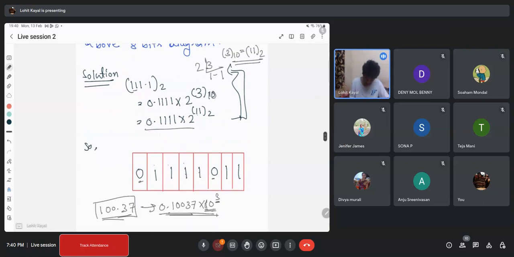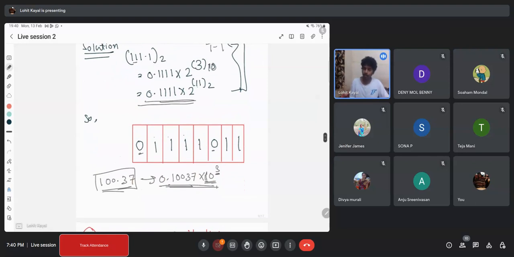So the complete binary form is 0.1111 into 2 to the power 11. Now the sign of this number is zero, positive, so zero appears in the first box. Then the mantissa, the main structure, the four ones, 1111, appear here.